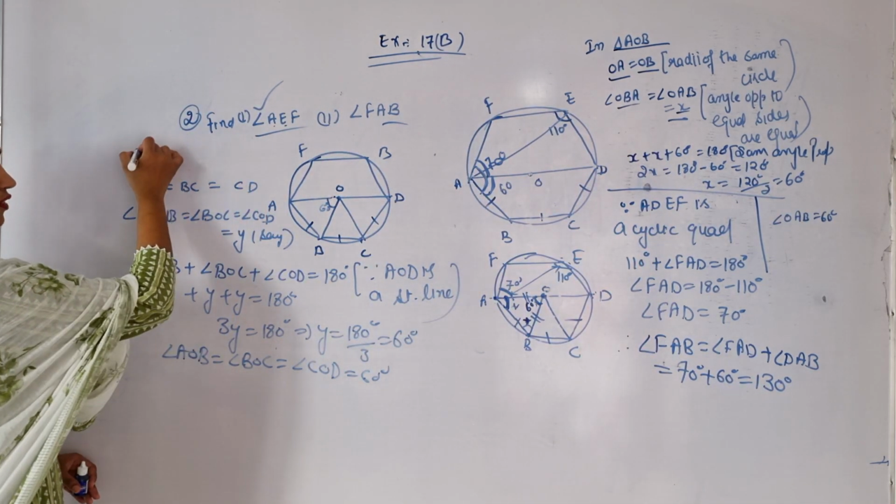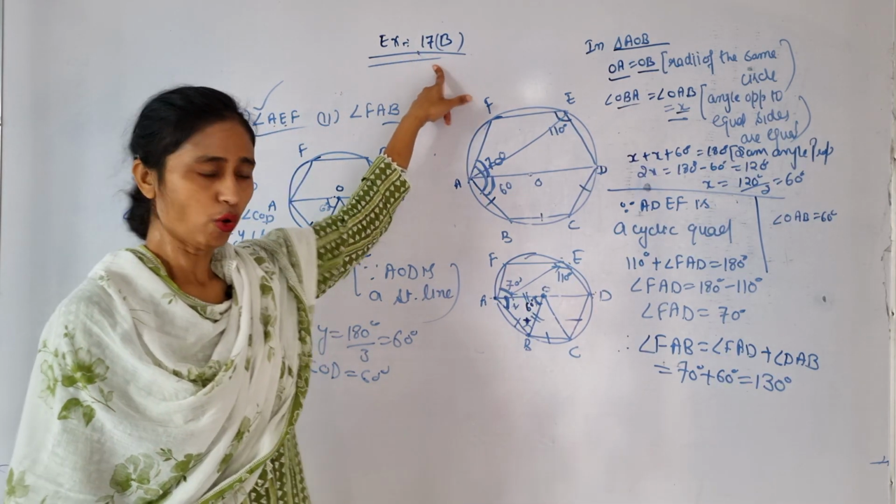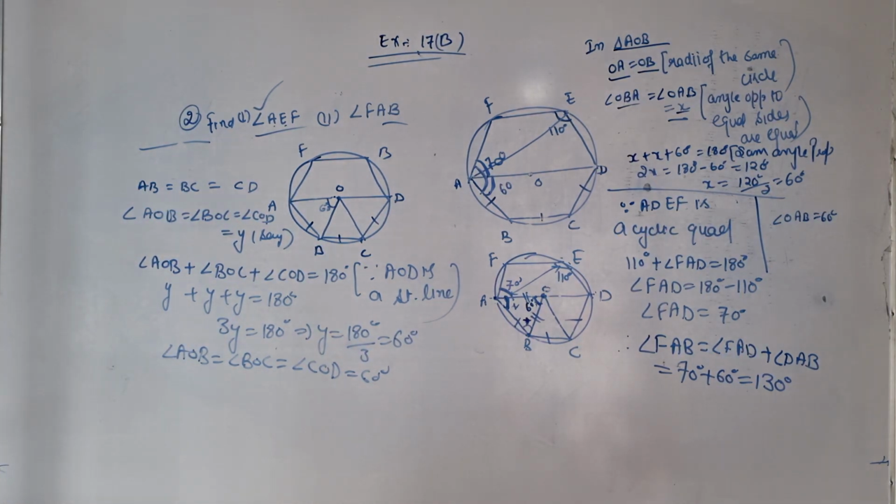This is the solution of the second sum of 17b. Hope this sum is clear to you. Now I am going to start with the third sum.